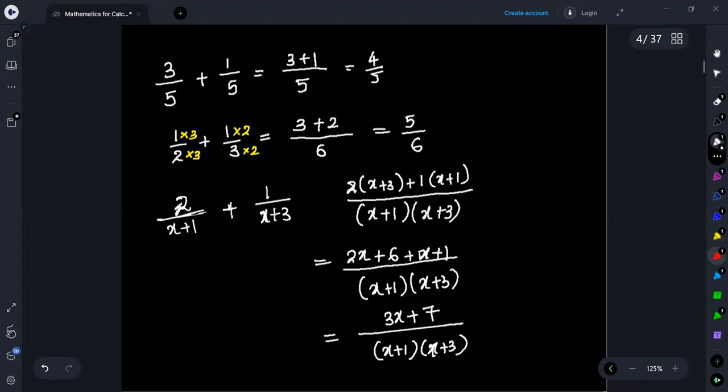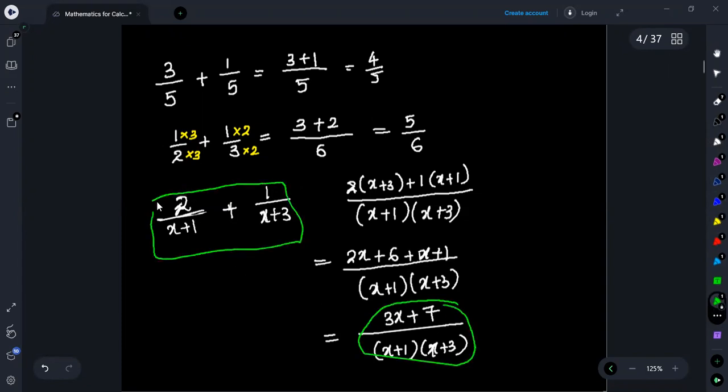And we know the method of obtaining this expression starting from this one: we take the common denominator and do some algebraic simplification. With that, we can obtain this expression from this one.